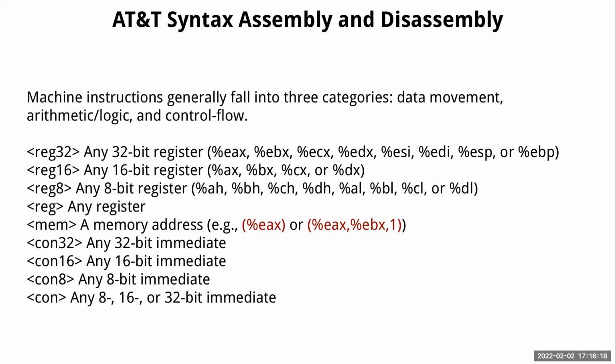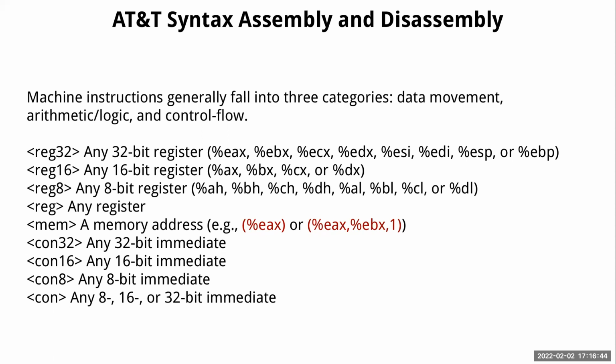All the instructions on this architecture generally fall into three categories, especially at the user level. First one is data movement. We just move data from one memory location to a register, from register to another register, or from register to some memory location.